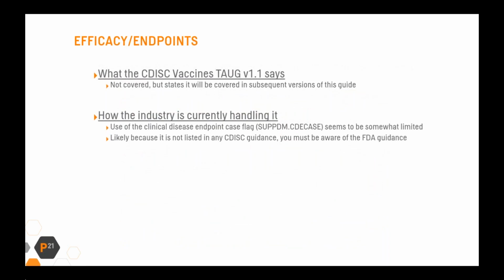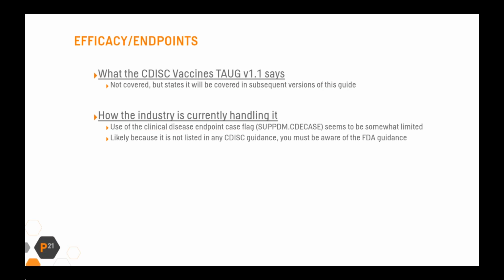If we look at CDISC guidance, this is something that's not covered. They do state that they plan to possibly cover efficacy information in a subsequent version of this guide, but at the moment there is nothing. If we look at how the industry is currently handling it, sponsors or CROs are starting to adopt this clinical disease endpoint case flag, but it's not widespread yet.